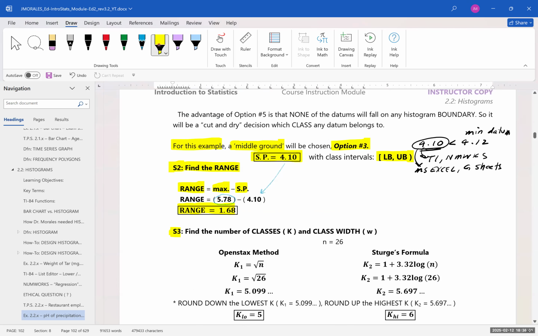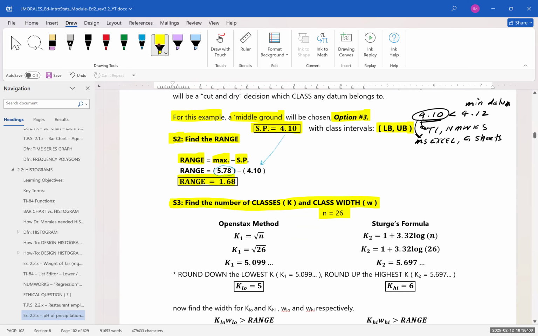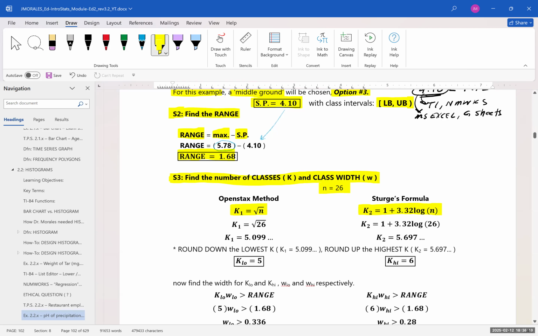Step 3 is to find the number of classes and the class width, and we're dealing with a sample size of 26. So remember, we've got these two methods for calculating the number of classes, the OpenStax method and Sturges' formula. And you can see here, we get answers that are 5 and some change.